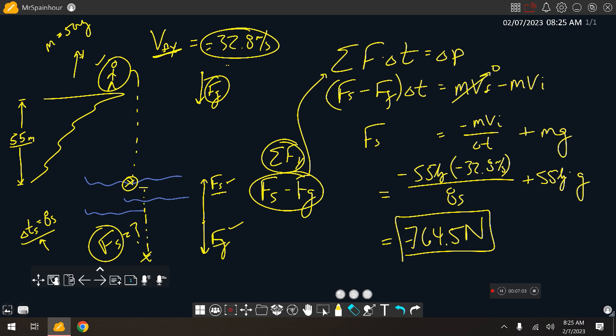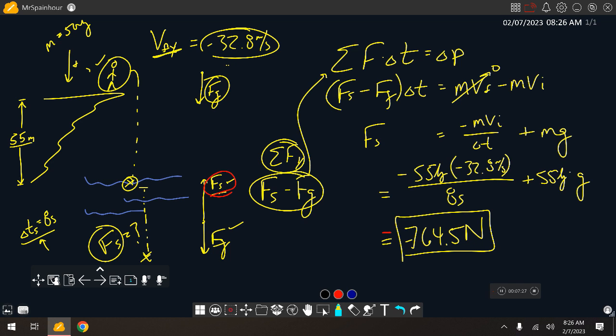Okay, a couple of quick things to go over. Big mistakes that are typically made are as follows. One, the sign. We forget to put that negative from the kinematics. Technically, you could have said at the very beginning that down was positive, which would have made that positive 32, but then our final answer should be negative, because this substance does push upwards.